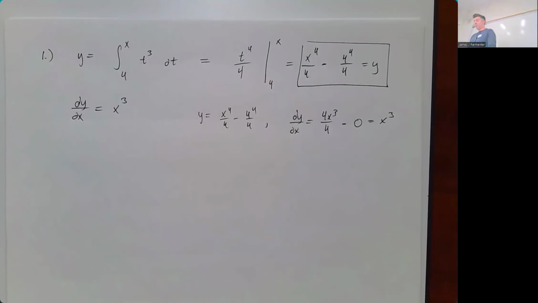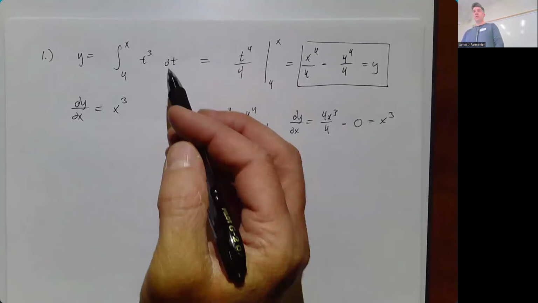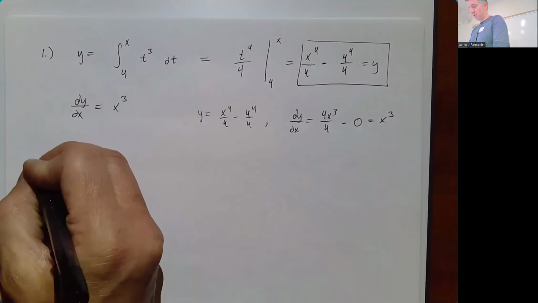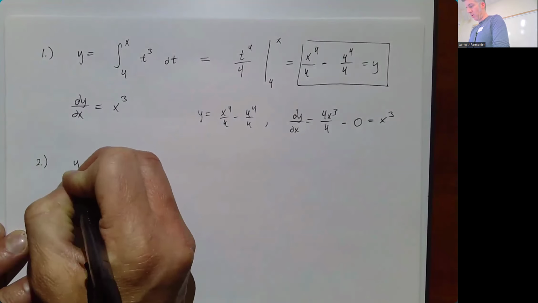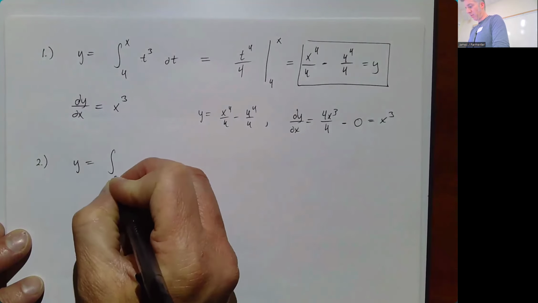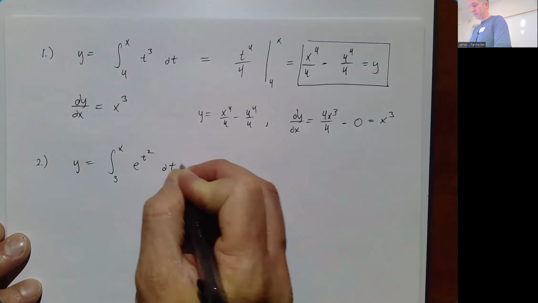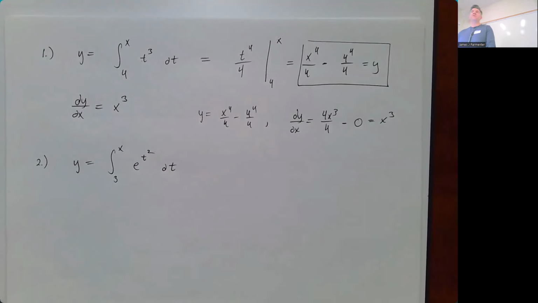I'm also never going to write this out, because it's true that we can do this the long way sometimes, but sometimes, like if your function was y equal to the integral from 3 to x of e to the t squared dt, e to the t squared is famously not antidifferentiable.